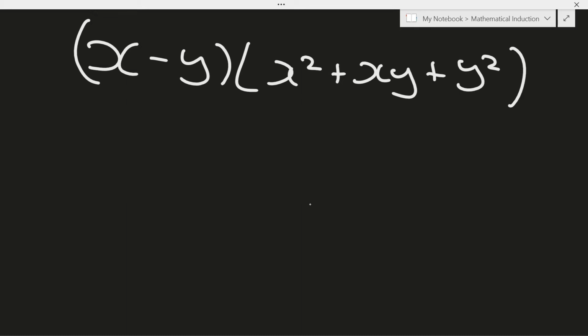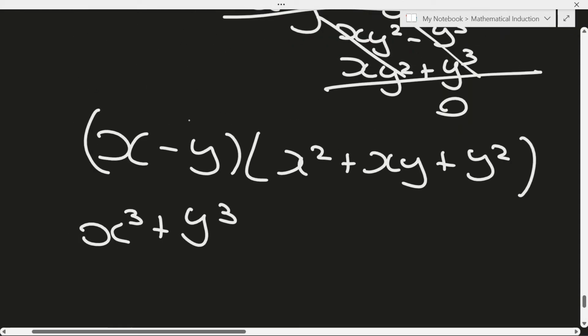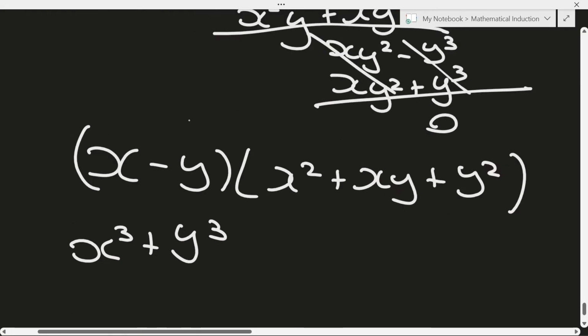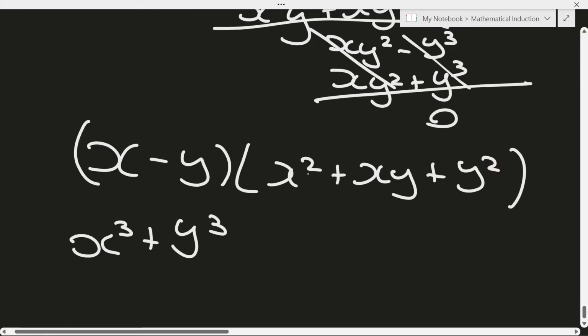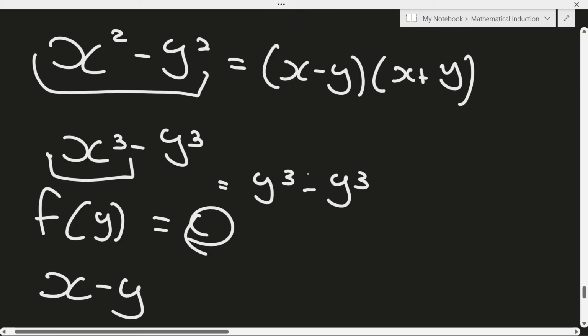Now, let's say we wanted x cubed plus y cubed. Now, we can't use the difference of two squares when something's being added, right? Now, if this is the case, for x cubed minus y cubed, what could we do to make this y cubed become a positive y cubed?